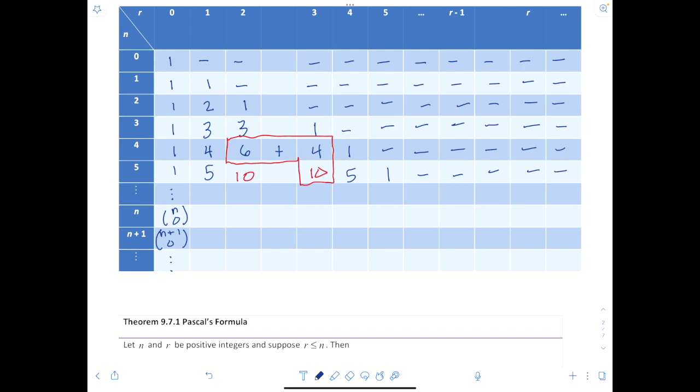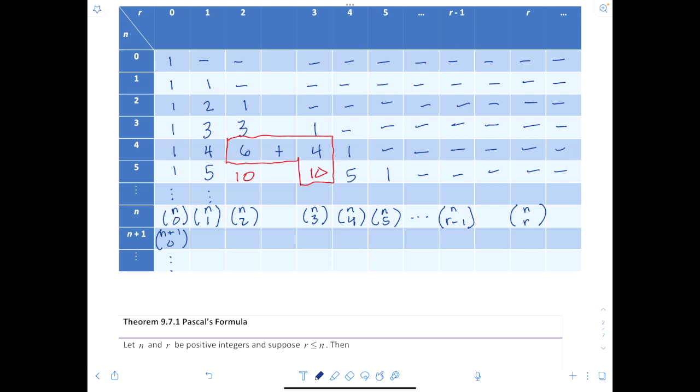So the next one, you keep going on. You'll get to n choose 1, which is what? Beautiful, it's just n. You'll get n choose 2, n choose 3, n choose 4, n choose 5, and you'll keep going on and on until you get to n choose r minus 1, and then n choose r.